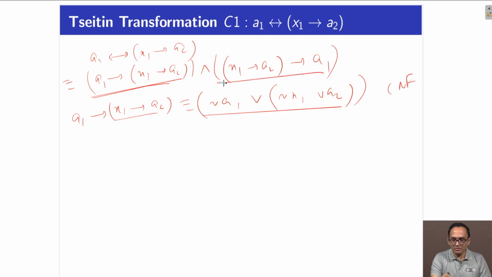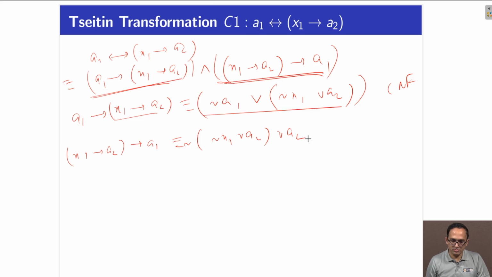Now I will take the other part, which is (x1 implication A2) implication A1, which is equivalent to not of (not of x1 or A2) or A1. If I distribute this negation, it will be (x1 and not A2) or A1.